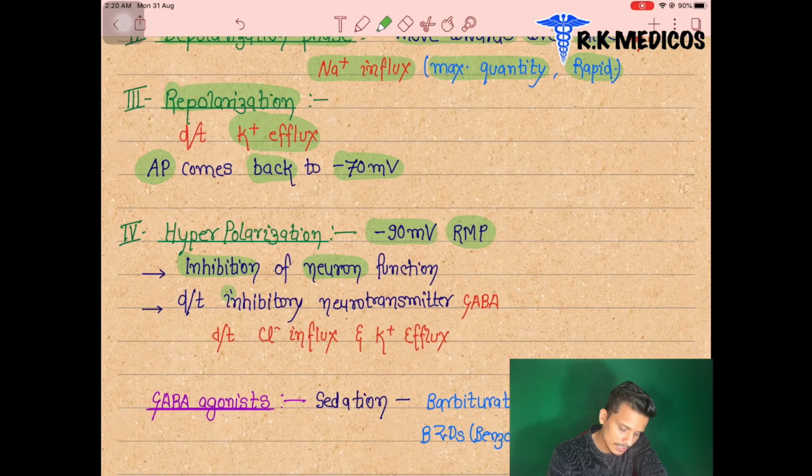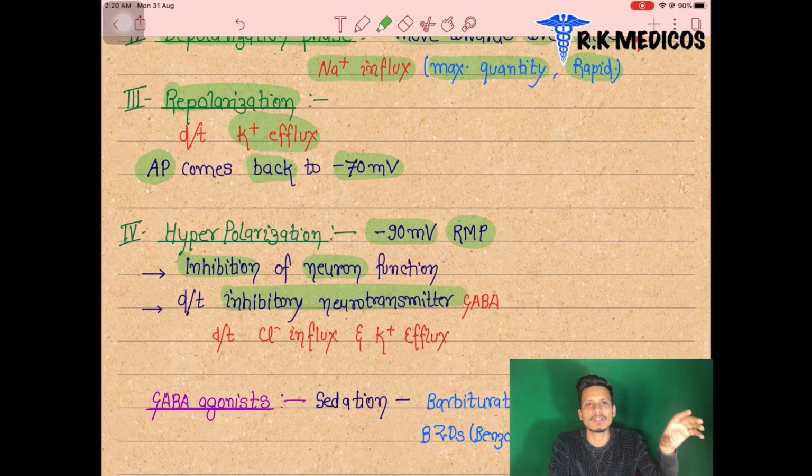Due to this, inhibitory neurotransmitters are released. After hyperpolarization inside the cells, inhibitory neurotransmitters are released, and they inhibit the special cells acting inside these neurons. So these cells are inhibited, and the inhibitory neurotransmitter is GABA, that is gamma aminobutyric acid.